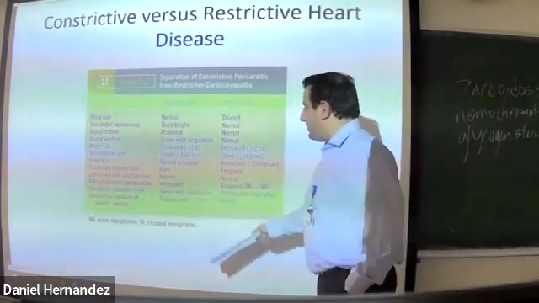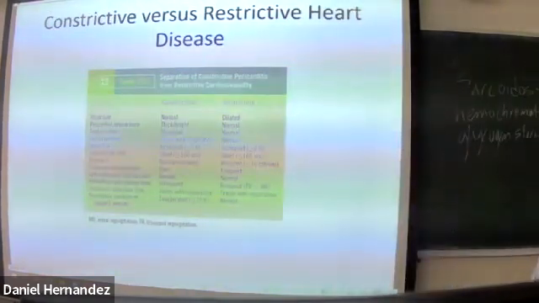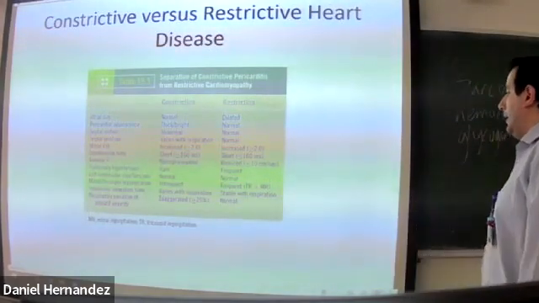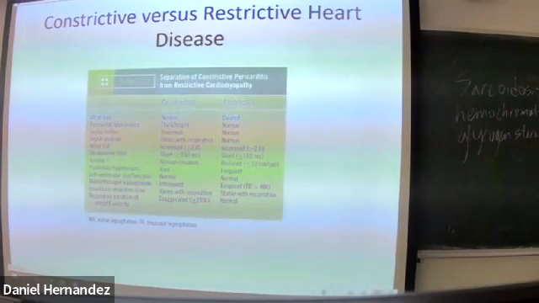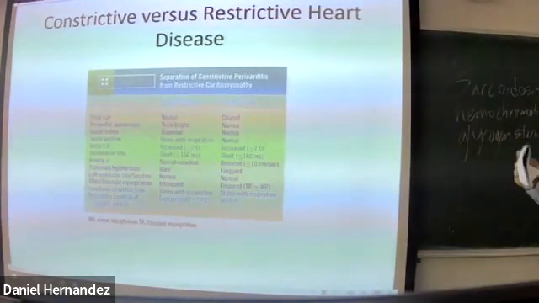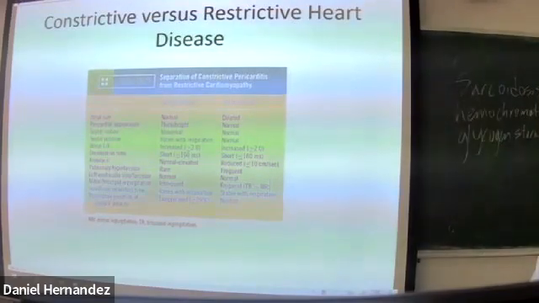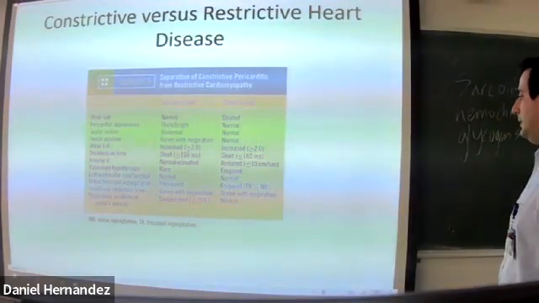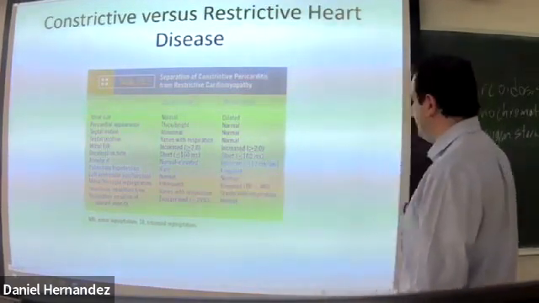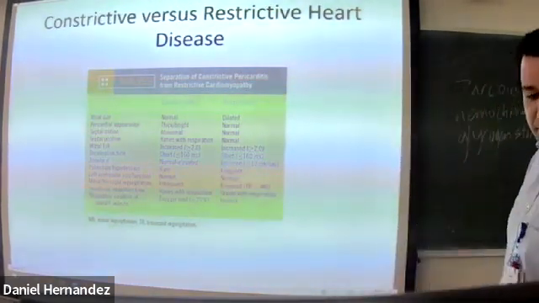When they breathe, we'll see changes. So when they inhale, we'll see an increase in that mitral E flow. We can also potentially see changes in their outflow as well as in their EKG with respiration. So that's one telltale sign for constrictive pericarditis. But we'll get into that a little bit later in the semester.